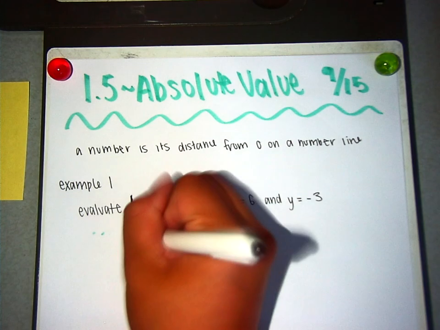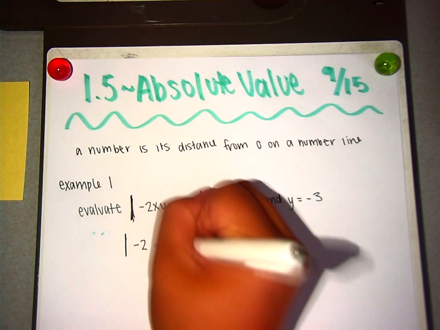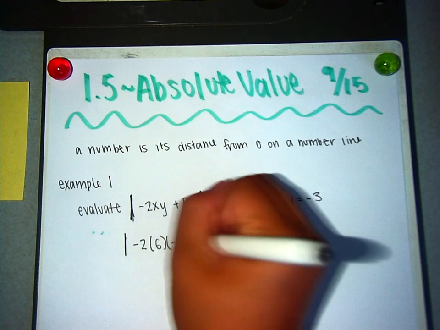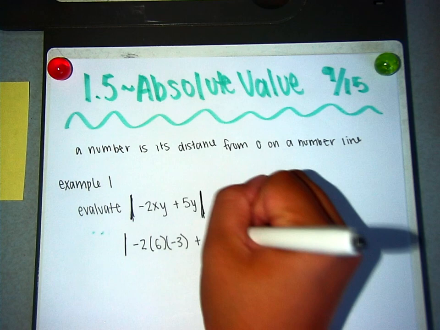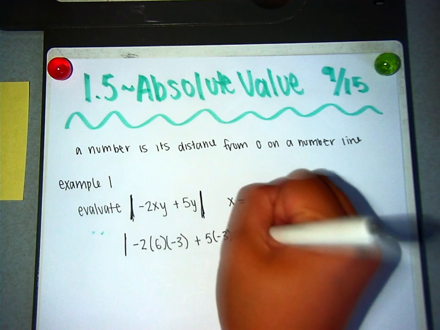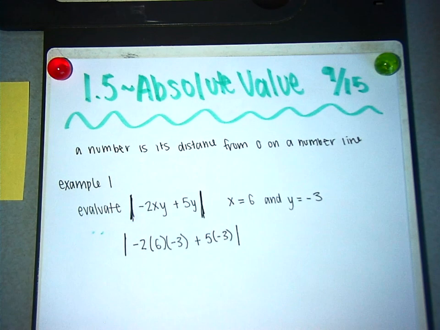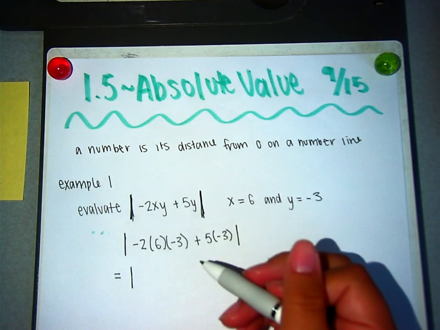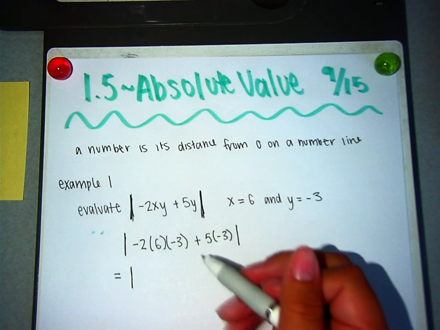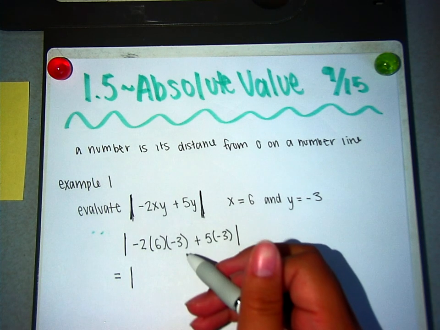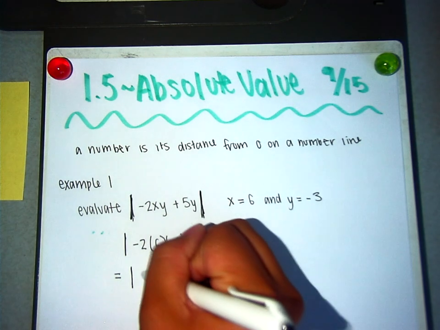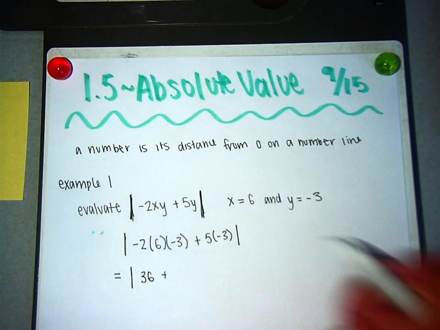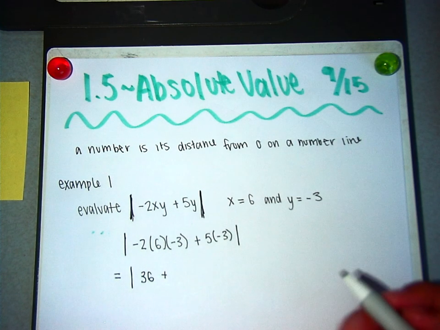So now we have to plug in. Negative 2 times x, which is 6, times y, which is negative 3, plus 5 times negative 3. Negative 2 times 6 is negative 12. Negative 12 times negative 3 is positive 36. Plus 5 times negative 3 equals negative 15.